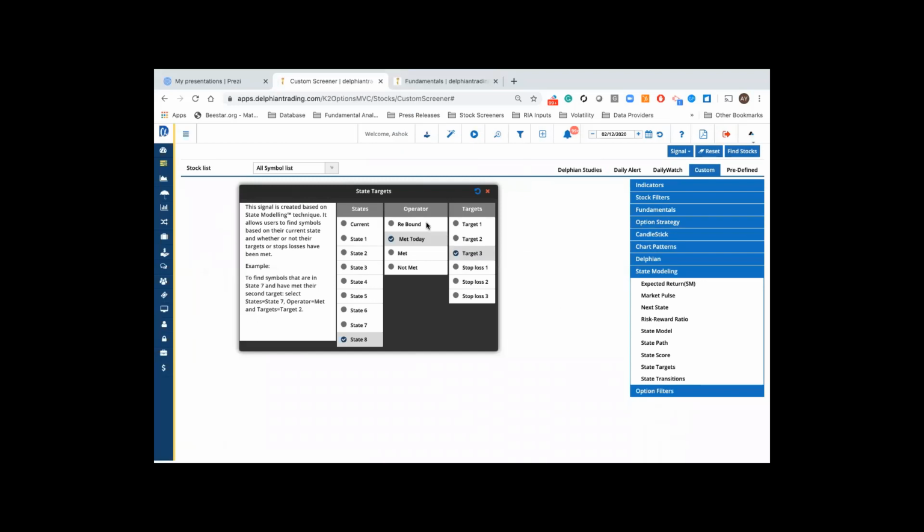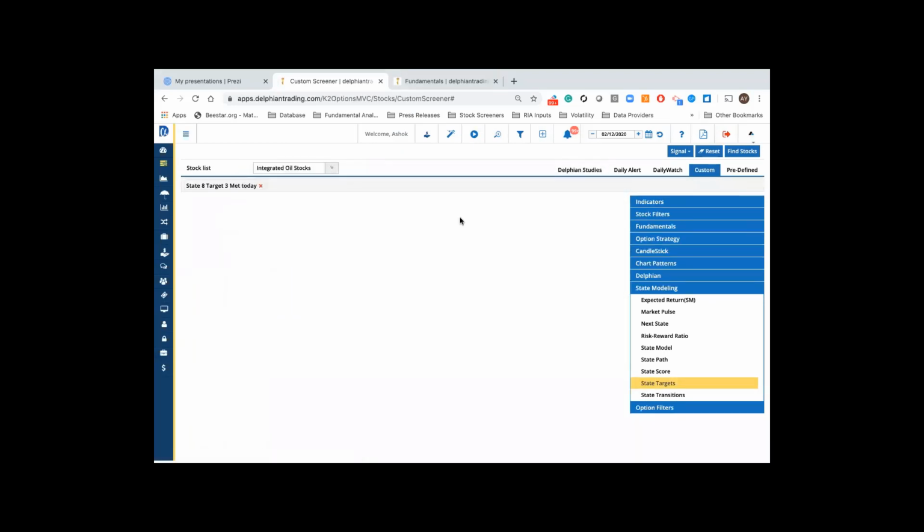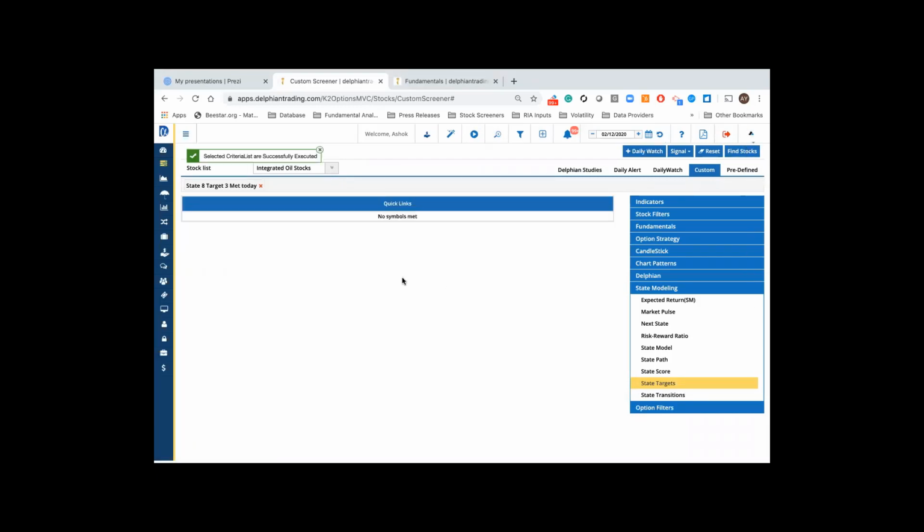any stocks. All you need to do is focus only on the integrated oil stocks. Select the stock list, nothing is there. I can go a day back and see if there is. Or we'll do the magic, we'll go to October to November 2018.